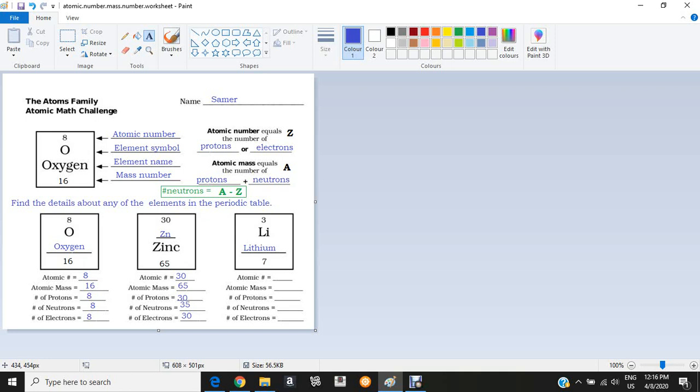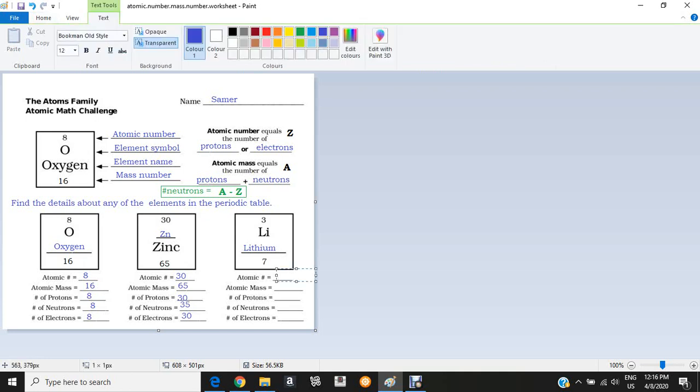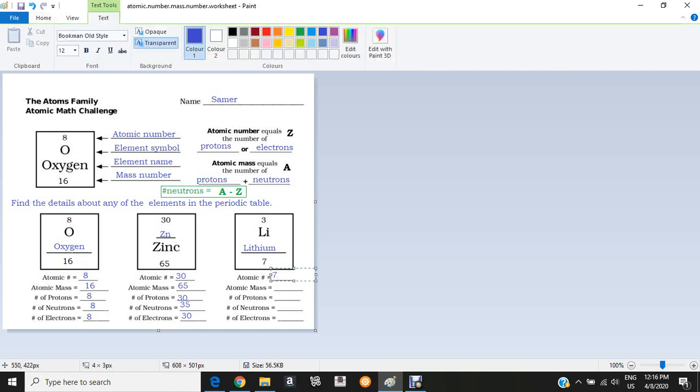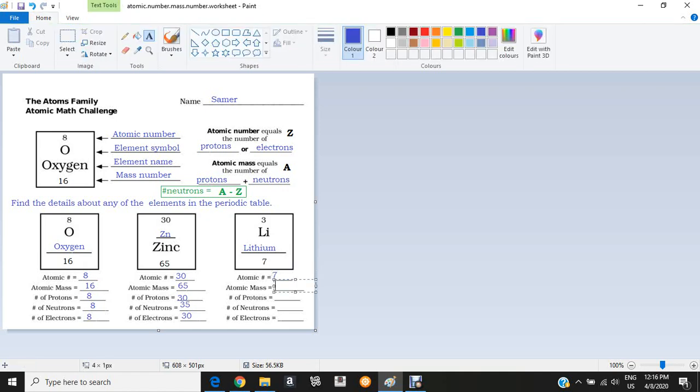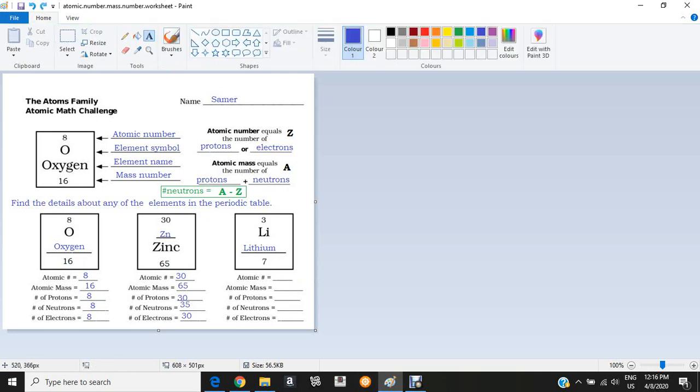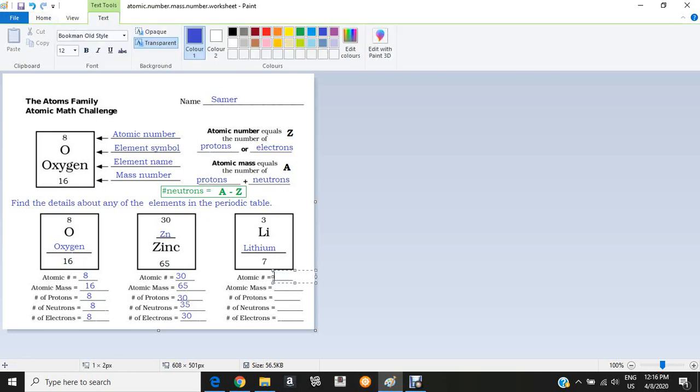Moving on to lithium. Lithium's atomic number is 3. That's correct.